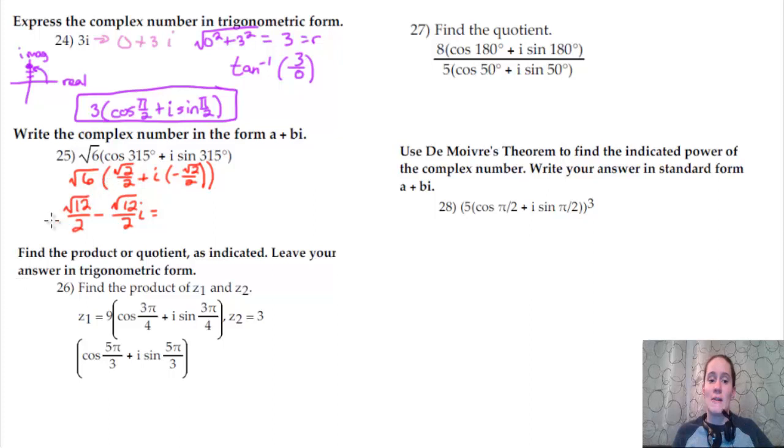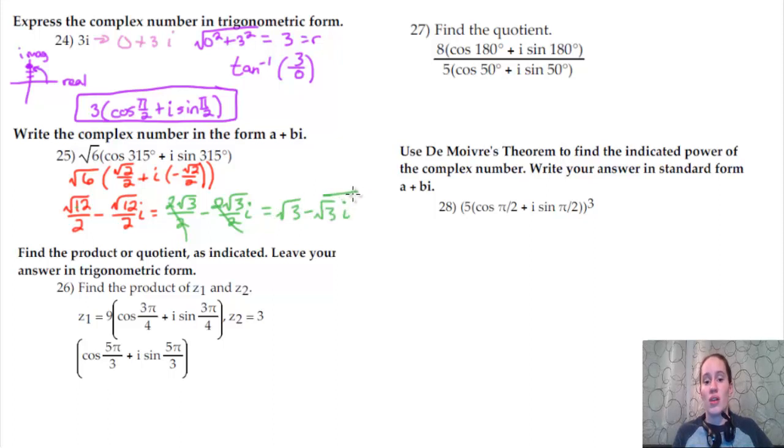Remember that the square root of 12 has 4 times 3 in it. We can take the square root of 4, which means that this is 2 square roots of 3 over 2 minus 2 square roots of 3 over 2i. And those 2's will cancel, leaving us with the square root of 3 minus the square root of 3i.